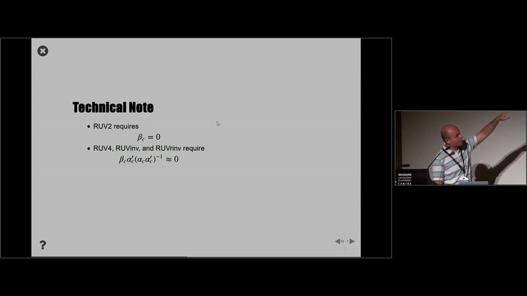For RUV2 to work right, you really need that the negative controls are all unaffected by the factor of interest. You actually need these beta C's to be 0. For the other methods, you need something that's weaker. It's kind of weird. It's something that is clearly a weaker constraint, but it's also somewhat hard to interpret.